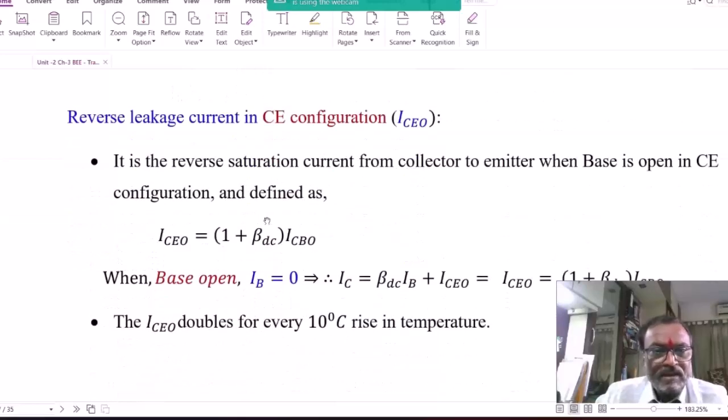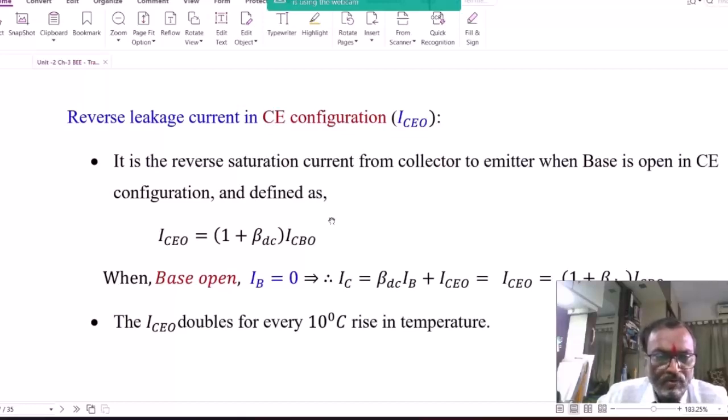The reverse saturation current ICEO is flowing from collector to emitter when the base is open, and it is defined as ICEO equal to 1 plus beta DC into ICBO.